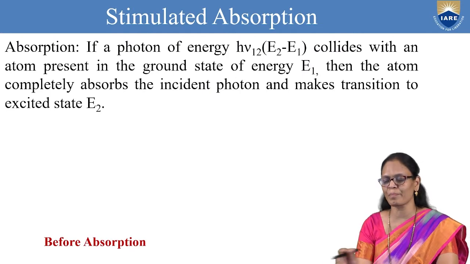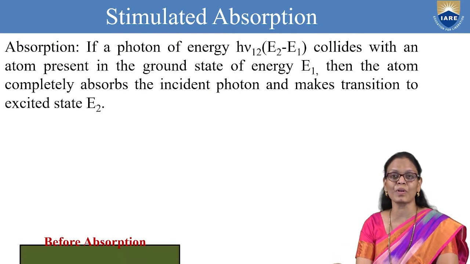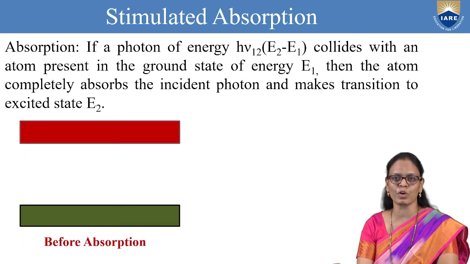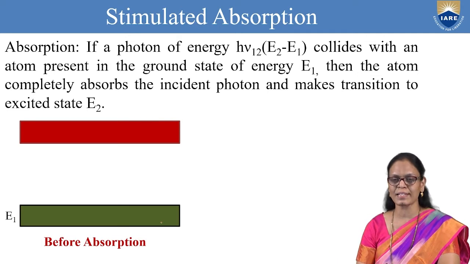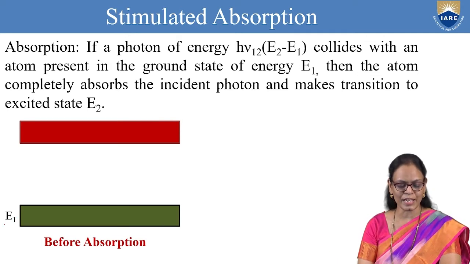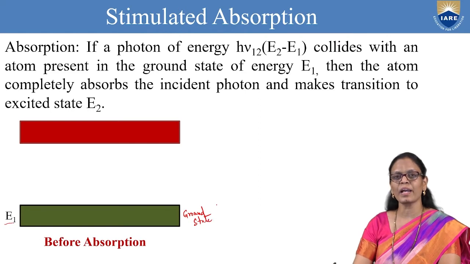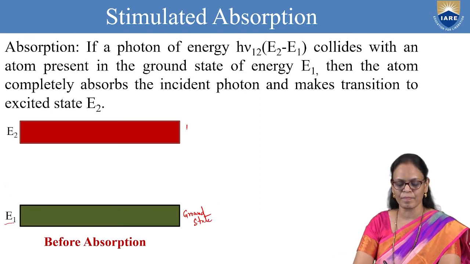Now the first phenomenon we have seen is stimulated absorption. In stimulated absorption, we have a ground state whose energy is E1. This is the ground state. And then we have an excited state whose energy is E2.